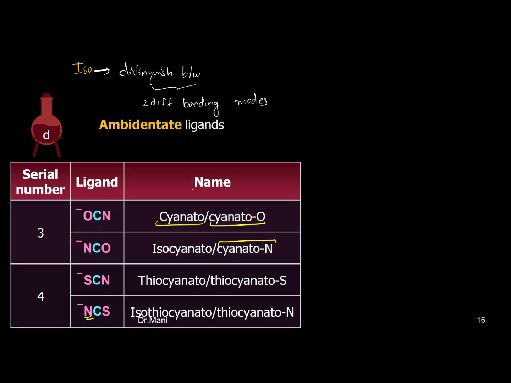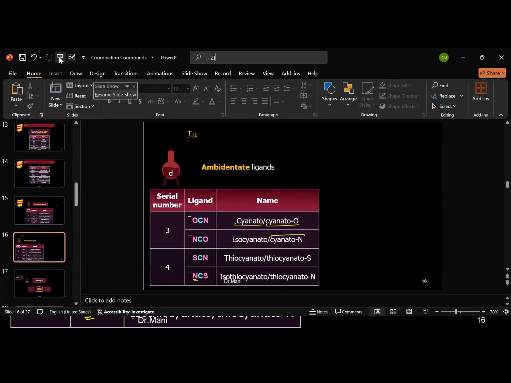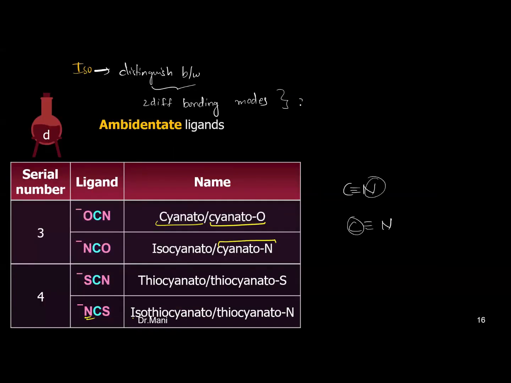So which mode are you making? Is it CN? Are you making the bond with the nitrogen, or with the carbon? So which mode are you using for bonding? For that, you will use the word iso. They are the same ligands, but they have a different mode of bonding. So we will be using the word iso for that. Remember this. Is that clear?